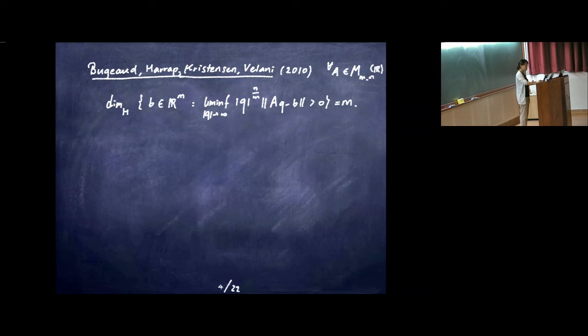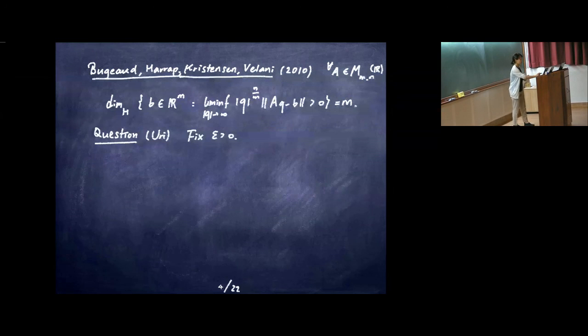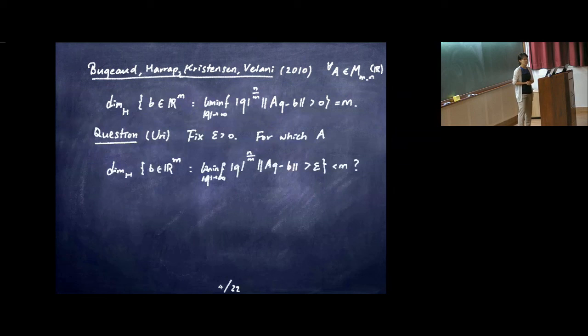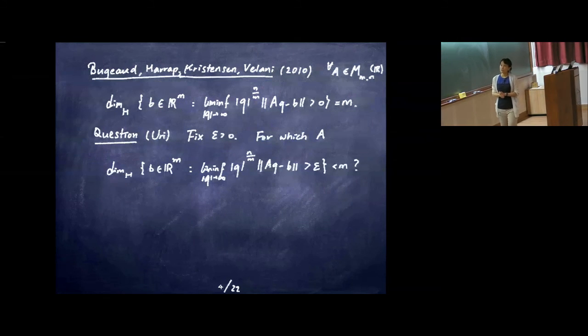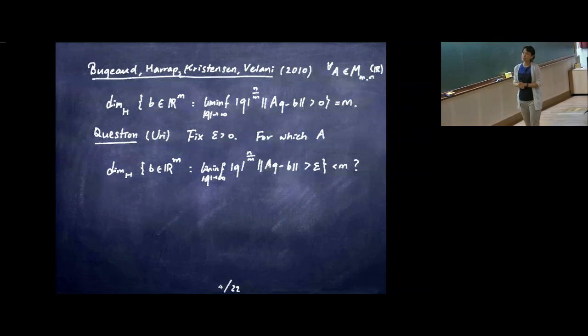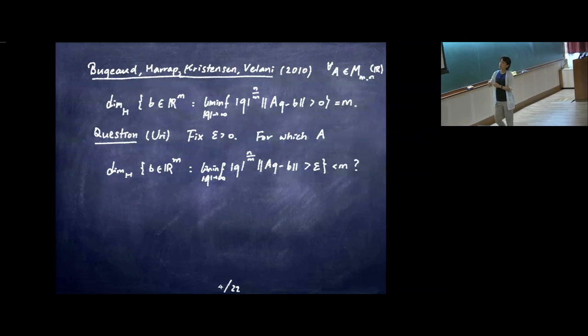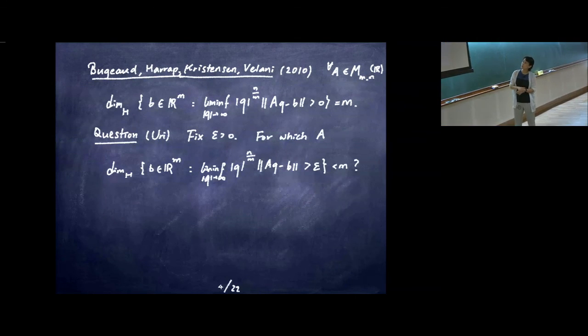A more subtle question, which was raised by Uri to me, is this: for fixed epsilon, we look at the set of all target vectors B for which the lim inf is bigger than epsilon. We know that if you take the union of all these over all epsilon, then we have full Hausdorff dimension.